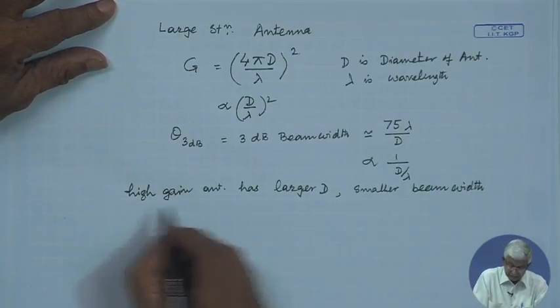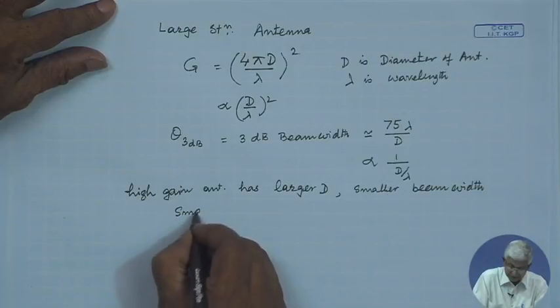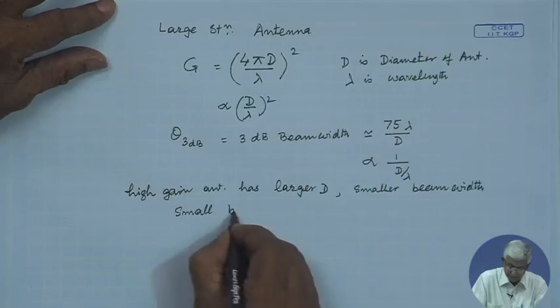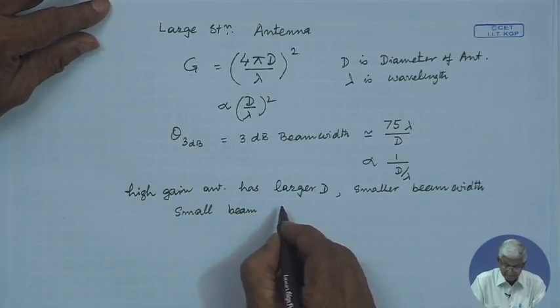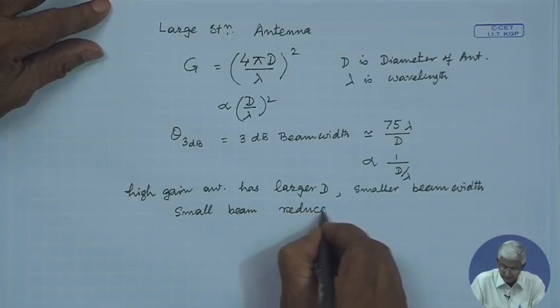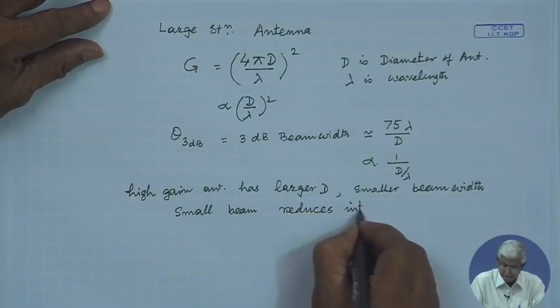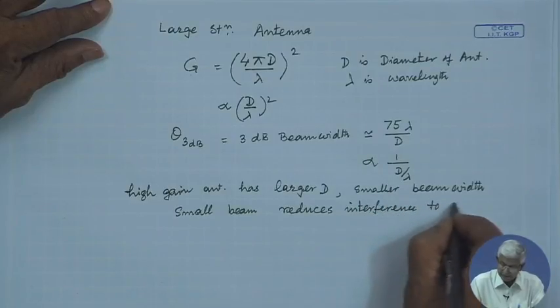And then one thing is important, how the small beam comes as an advantage: a smaller 3 dB beam width reduces the interference to adjacent satellites.